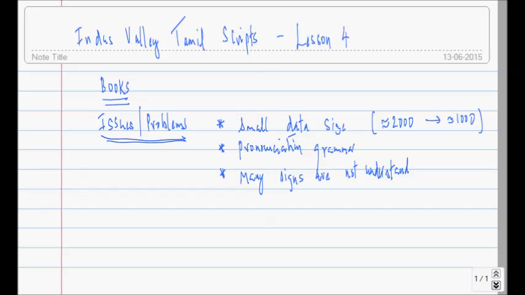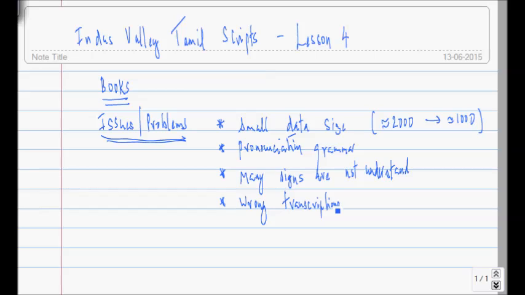Okay, in some cases people have not properly transcribed the seals, okay, not transliteration, wrong transcription, especially if you don't have the photograph of the seal.